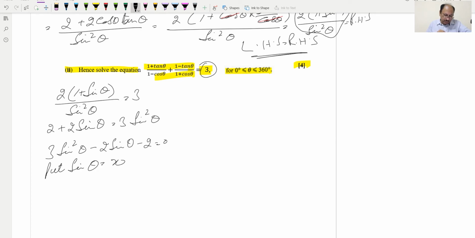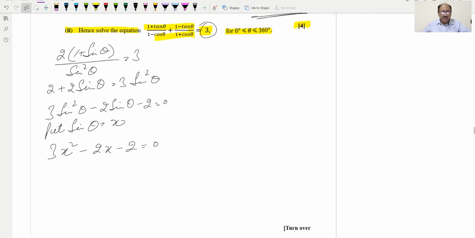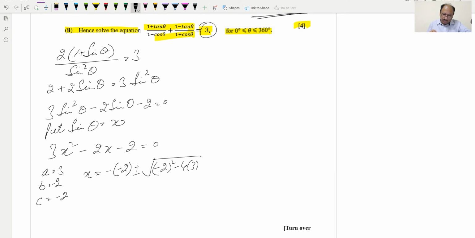And we can put sine theta is equal to x, so 3x squared minus 2x minus 2 is equal to 0, and by quadratic equation we can solve this. So a is equal to 3, b is equal to minus 2 and c is equal to also minus 2. So x will be equal to minus b, which is minus minus 2, plus minus square root of b square, minus 2 square, minus 4 into a into c, over 2a.